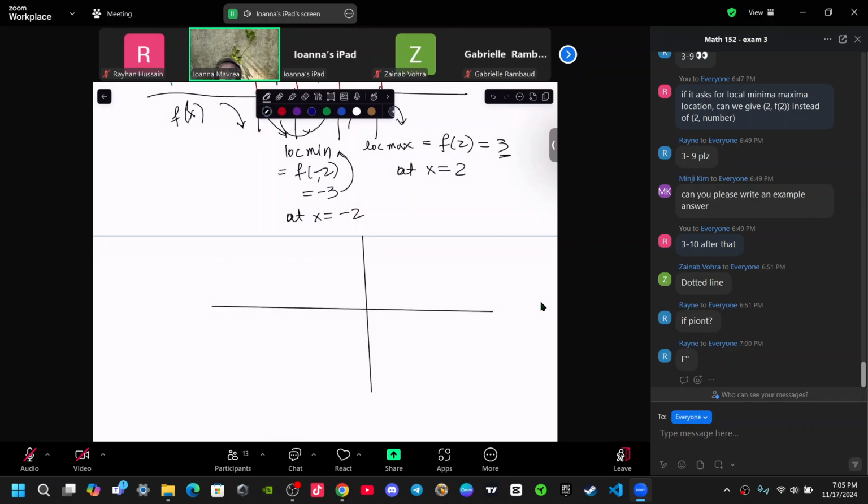they say there's a vertical tangent line at x equals 0. So they give you 0, 0. So at x equals 0, you have a vertical tangent line. That means the graph does something like this. Either like that, so you have a vertical tangent line, or the other way around. It can bend the other way.